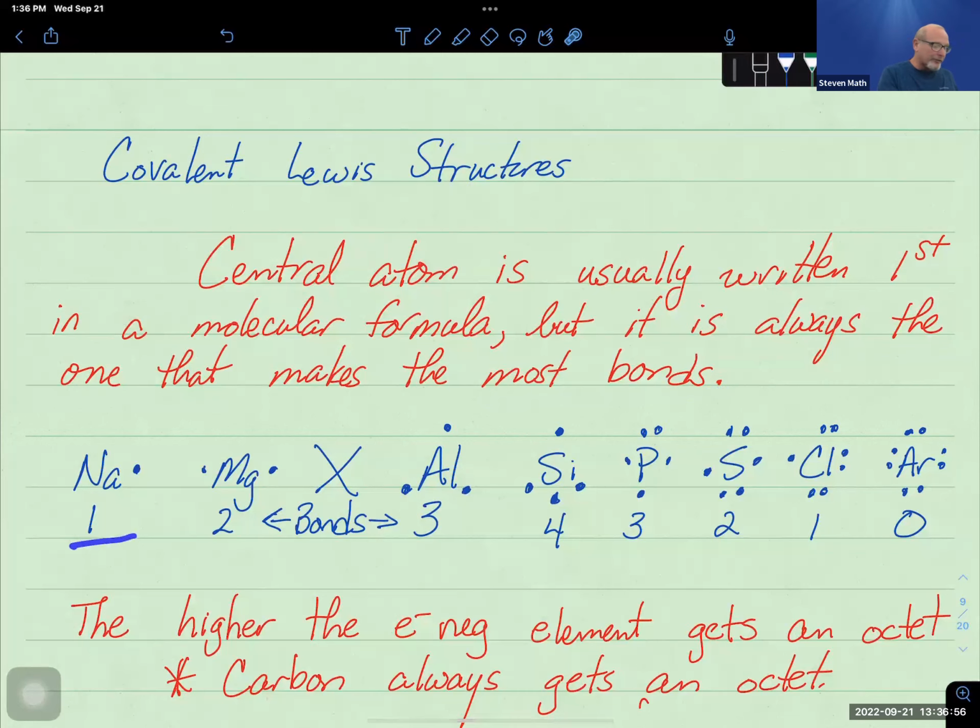Well, it's just like its Lewis structure. It goes up to 4 and then it comes back down. So it crescendos up. Notice we're not counting the d orbitals here. D orbital bonding is pretty much beyond the scope of this class.